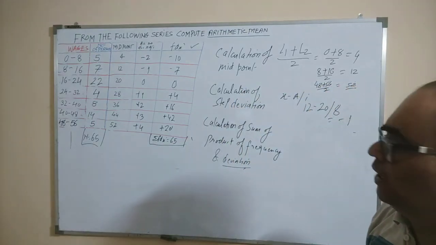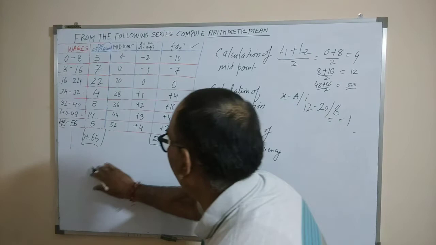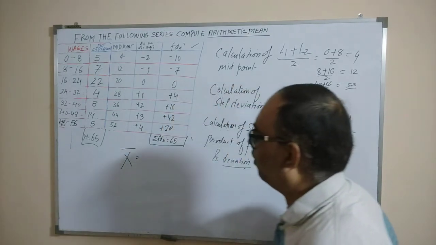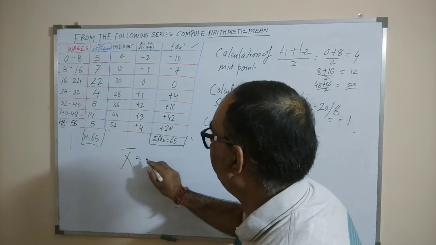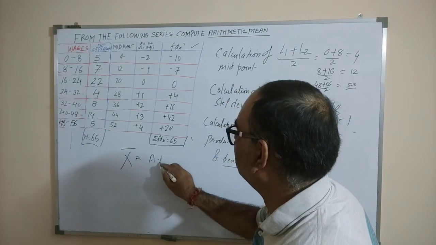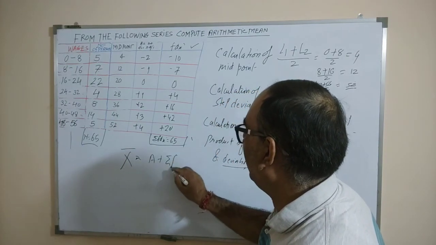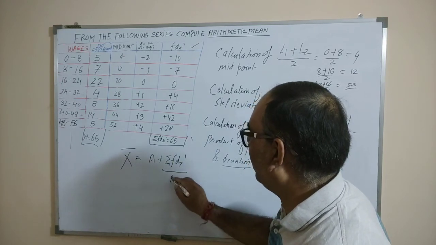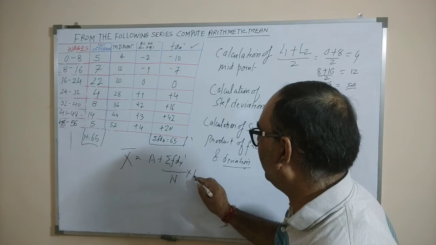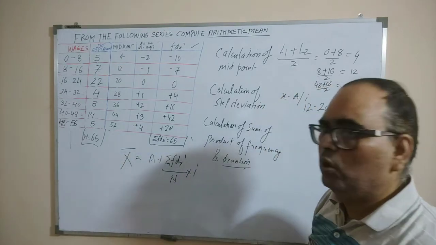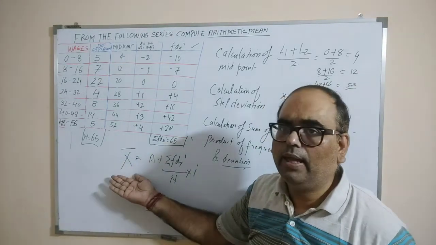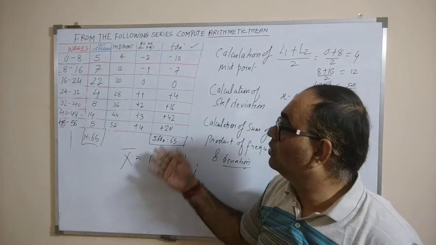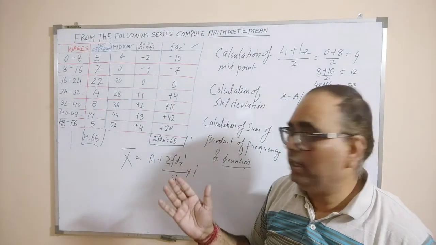After calculating all the values, the next step is to compute the arithmetic mean by placing the values in the formula. The formula is x bar equals a plus sigma f dx dash divided by n, into i. What does x bar represent here? x bar is the sign for arithmetic mean. a is our assumed mean, which is 20.